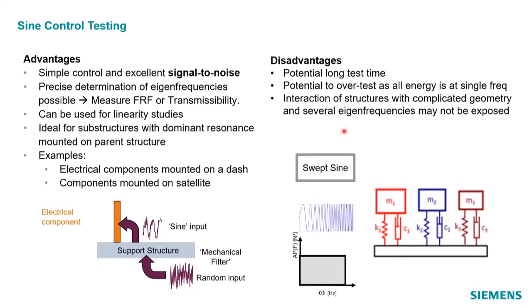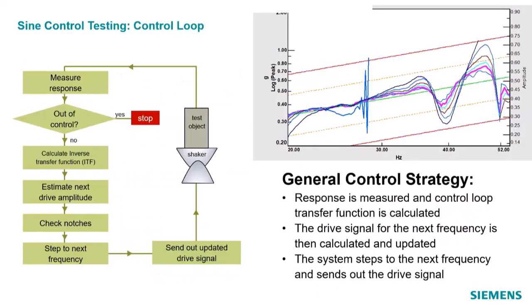So you're not reproducing very accurately, with good fidelity, the operational conditions. There is potentially some interaction with these different components that might be situated on the structure. So you're losing that interaction when you excite only at one single frequency.